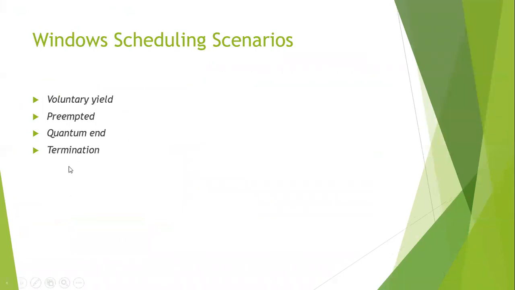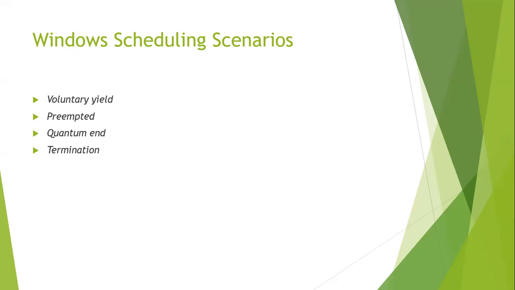This is what we already discussed: when a thread will come out of the CPU and when threads will be scheduled. Voluntarily yield is when the thread comes out of the CPU on its own, once it has completed its execution within 4 milliseconds, or when it needs some resources to proceed further.